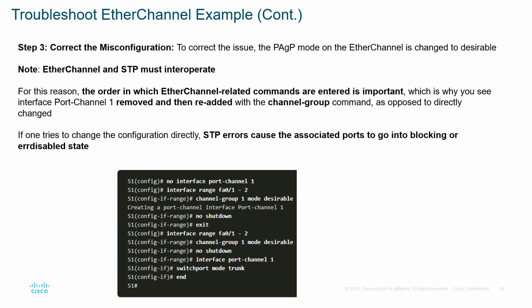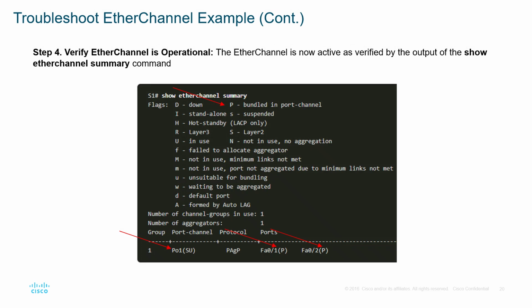If one tries to change the configuration directly, STP errors will cause the associated ports to go into blocking or error-disable. So remove the channel completely on switch 1 and then recreate it with the correct parameters of desirable. Don't just go in there and change it to desirable. If you give STP that little instance to block a port and put it in error-disable, it will.